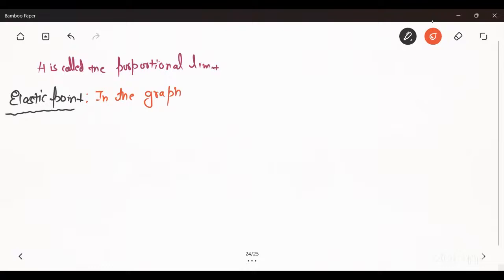In the graph, B is the elastic limit. Here the wire doesn't obey Hooke's law.